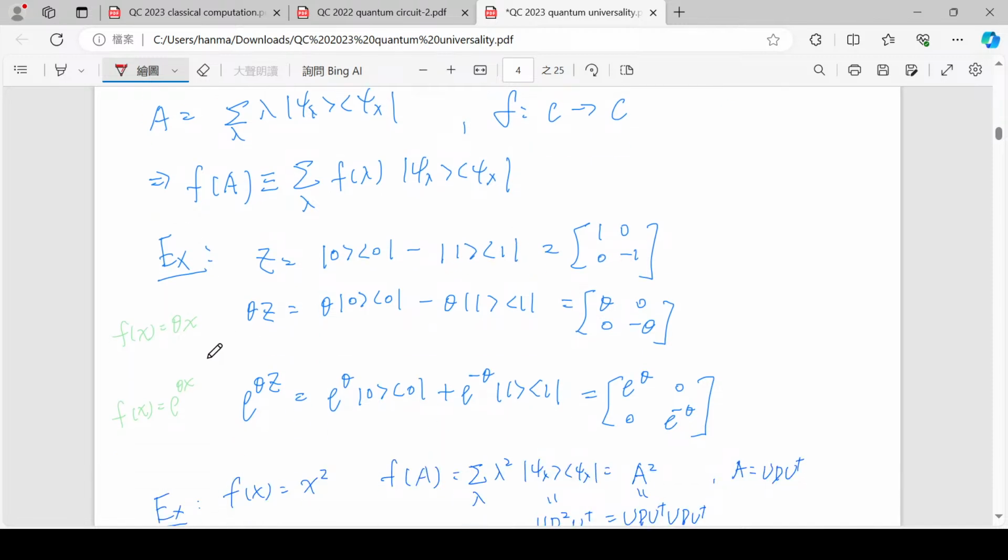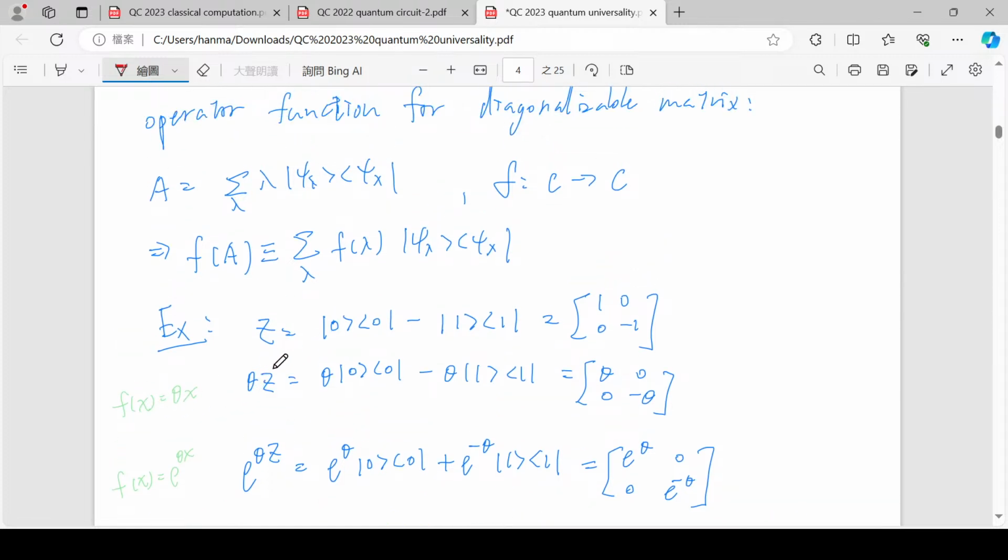And then we think about a function f of x equal to theta x, so theta is just a number here. Then theta Z as a matrix is theta of |0><0| minus theta of |1><1|, because theta times 1 is theta, theta times minus 1 is minus theta.